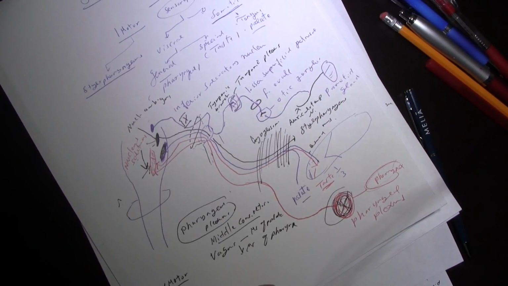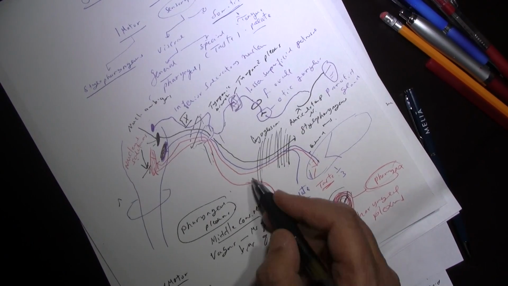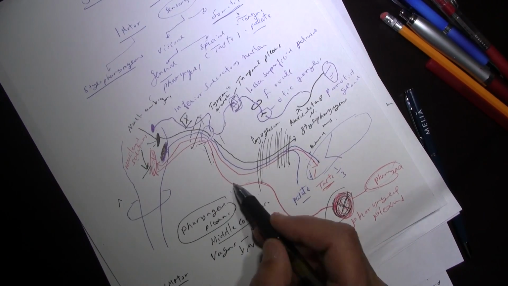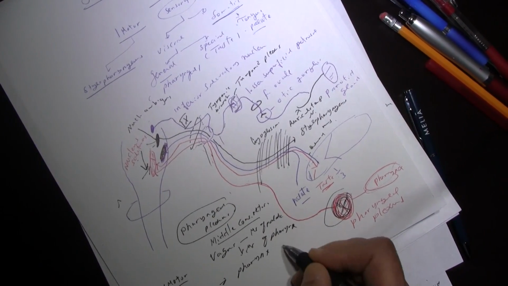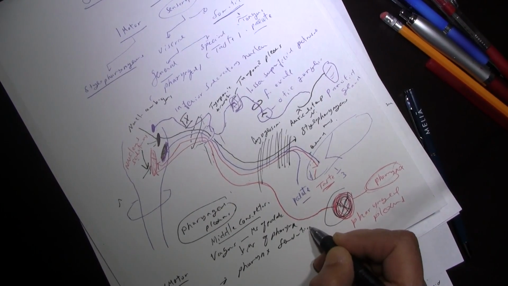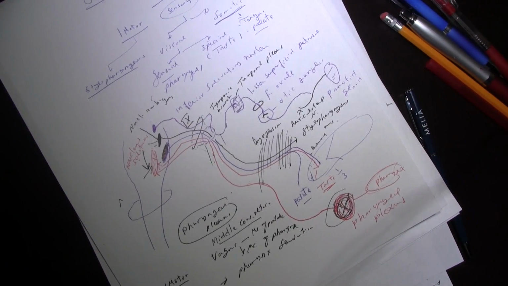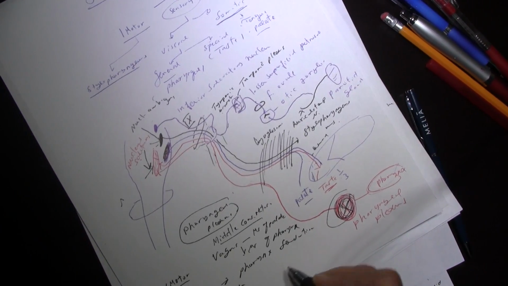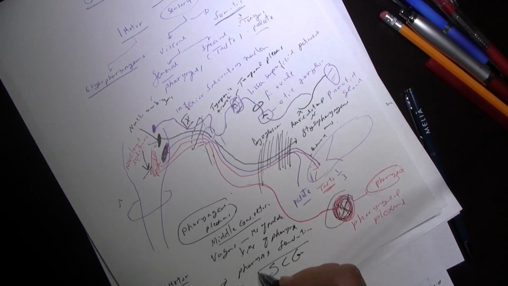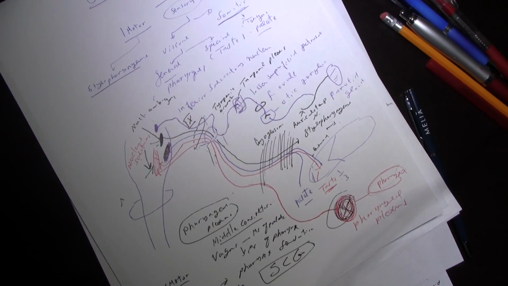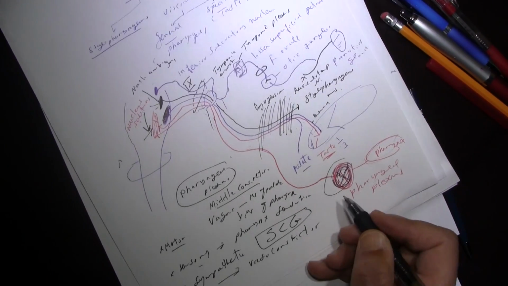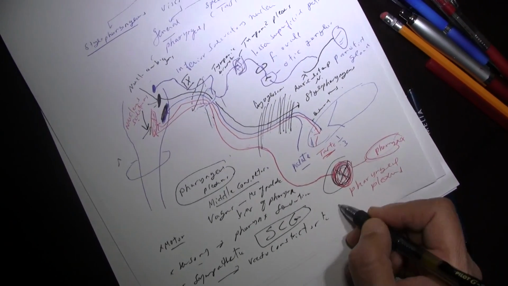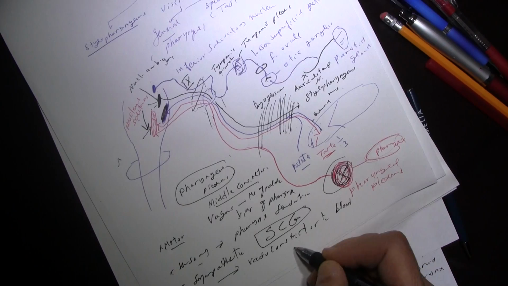Then it has a sensory root from the glossopharyngeal nerve, carrying sensation from the pharynx. It has a sympathetic root coming from the superior cervical ganglion, which is vasoconstrictor to blood vessels of the pharynx.